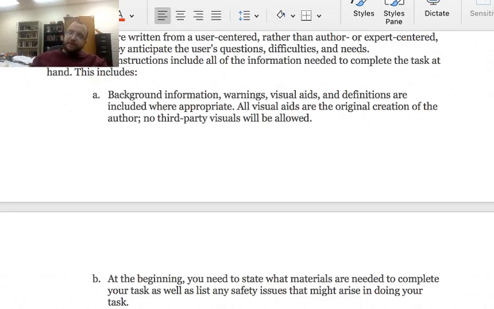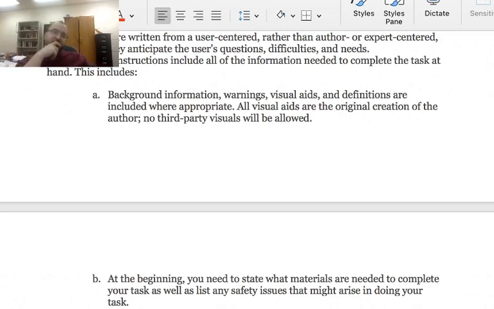The pictures are there to supplement whatever the written text is. Right? So in well-written instructions, you're trying to appeal both to people who learn better through words and also people who learn better through images. It is a little redundant, but you want both sorts of things to accompany one another.